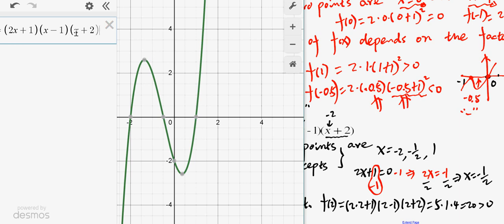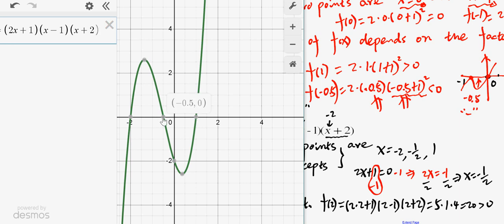But 0.5 put here is positive. Put here is positive. Only this one is negative, because 0.5 minus 1 is negative. So then the whole thing, 1 negative, 2 positive, you get negative. So between negative 0.5 and 1, you have a negative.